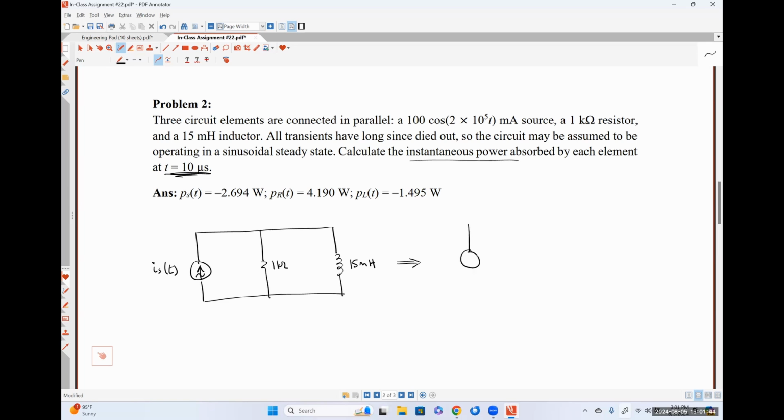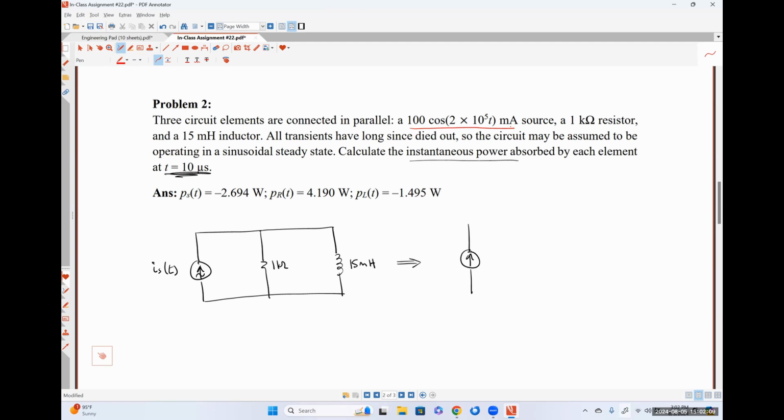So what should my phasor source current be? The 100 angle 0, 100 angle 0 milliamps.